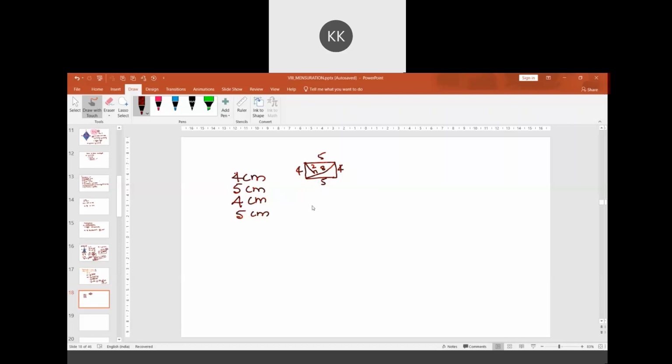It is given on the 175th page, Mensuration. When they give the 3 sides, we can use Heron's formula and we can find the area. But why did they give this diagonal 8 and this height?